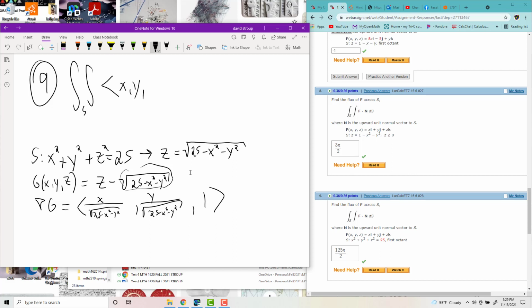Okay, so I go ahead and now formulate my dot product. I'm looking for the force vector. I think it's given as x, y, z. So again, you have to do a replacement for z to put everything in terms of x and y. This one looks like a nightmare, but it actually isn't all that bad.